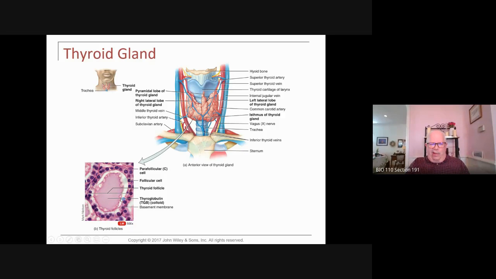The thyroid follicular cells have a colloid in it, which is a protein called thyroglobulin. Thyroglobulin, in the presence of iodine, makes T3 and T4.